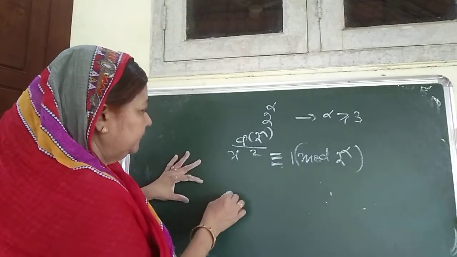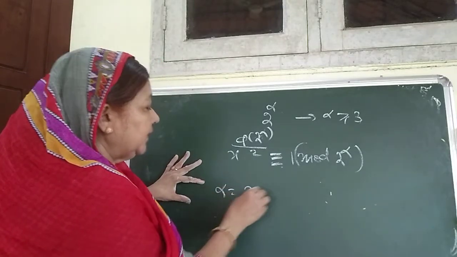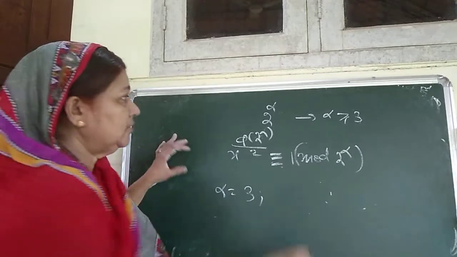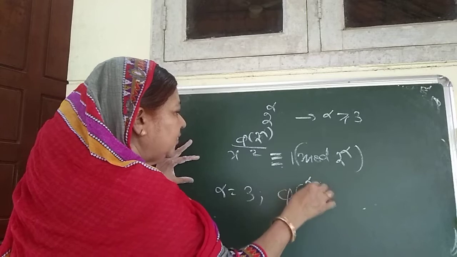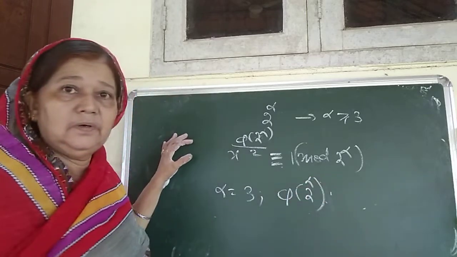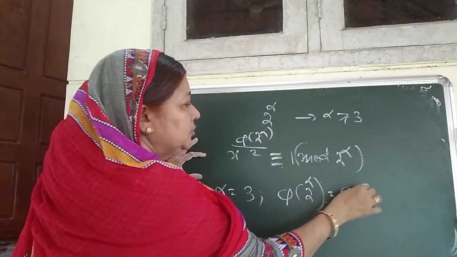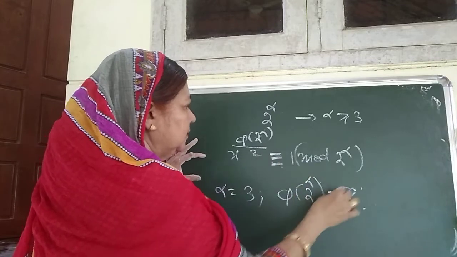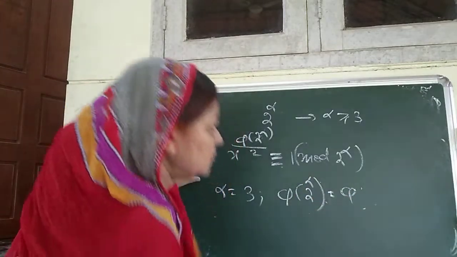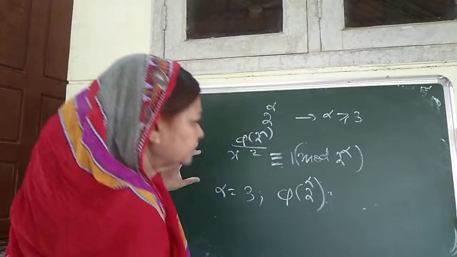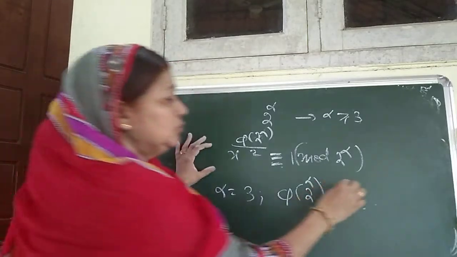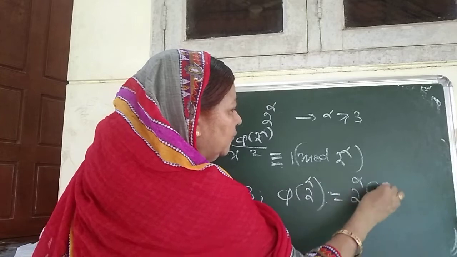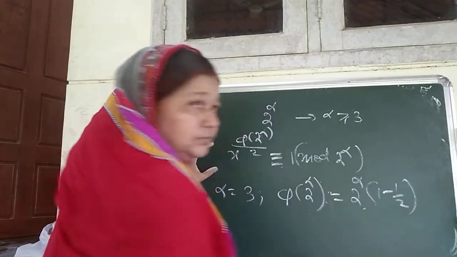Suppose alpha equal to 3. If alpha equal to 3, φ(2 raised to alpha) equals φ of 8. We know φ(2 raised to alpha) equals 2 raised to alpha into 1 minus 1 by 2.